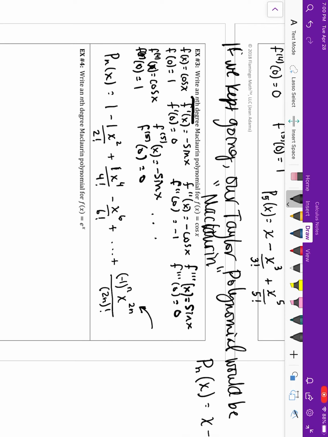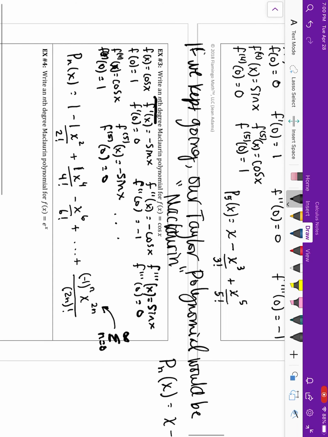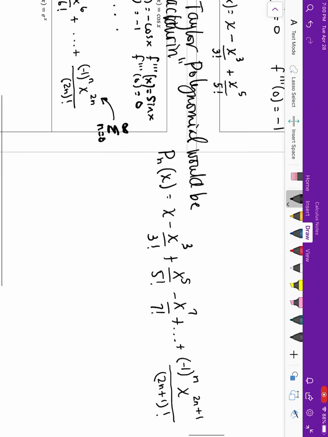And of course, if we write it like this, you're probably wondering, how would I get positive 1 as my first term? This is assuming that this is summation n equals 0 to infinity. If you wanted it to be summation n equals 1 to infinity, you would have to change the n's in the exponents, okay?